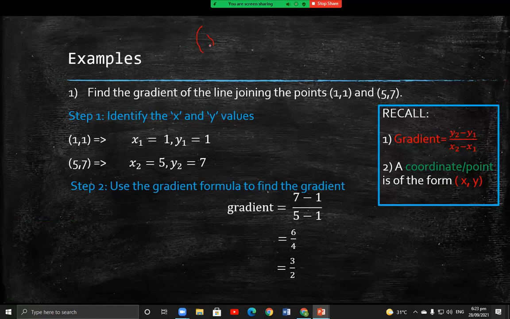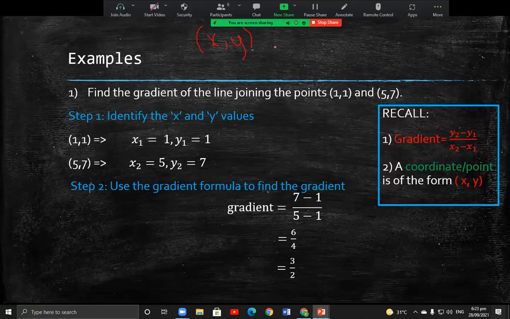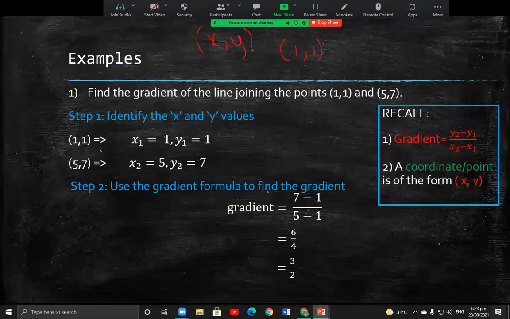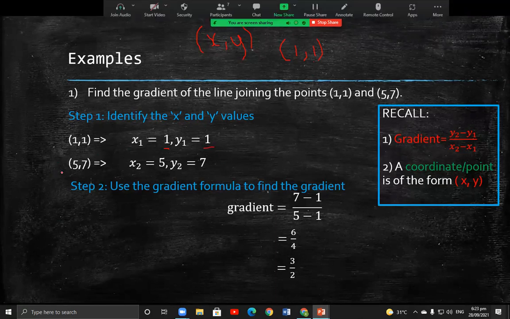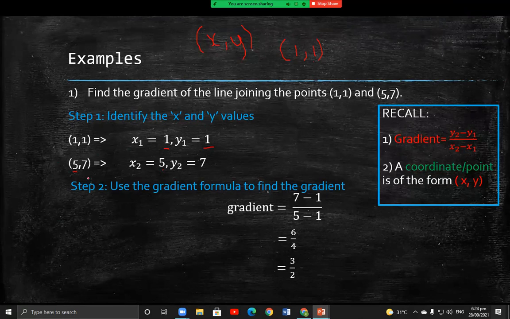So I have the point 1, 1, which means x1 is 1, y1 is also 1. And in the case of 5, 7, x is 5 and y is 7.